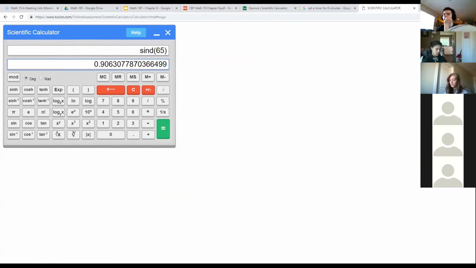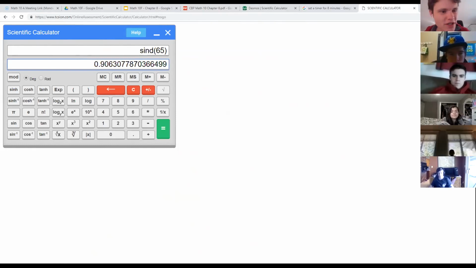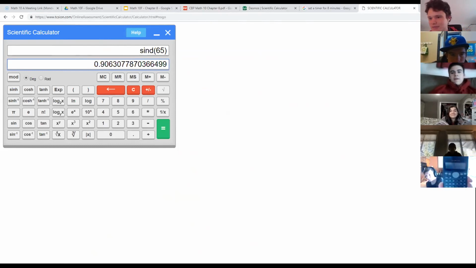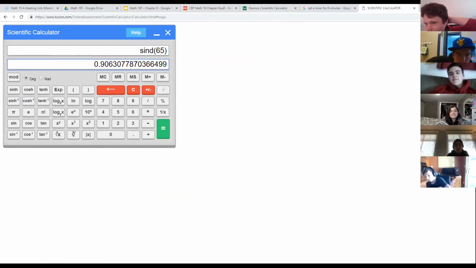If I was in a campus school at this point, what I would do is go around the classroom and check everyone's calculator. So folks, what I want you to do right now is to have this number on your calculator and hold it up to your camera. I want to be able to see this. I don't have a scientific calculator, so I just did mine on Desmos. Good. You did yours on Desmos, okay?